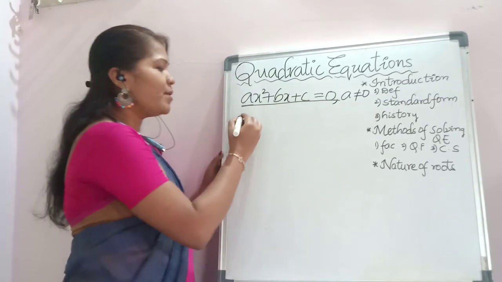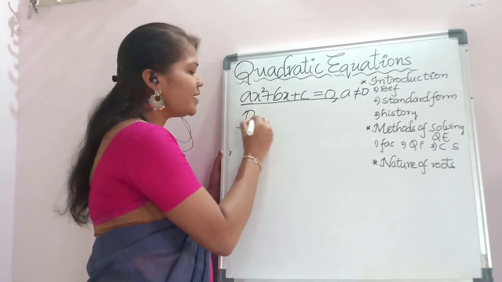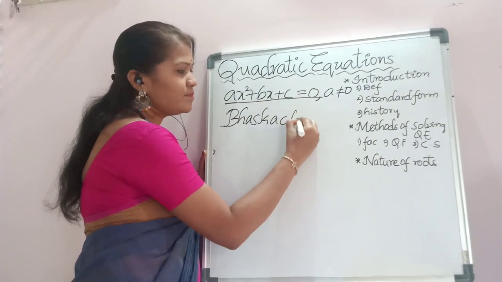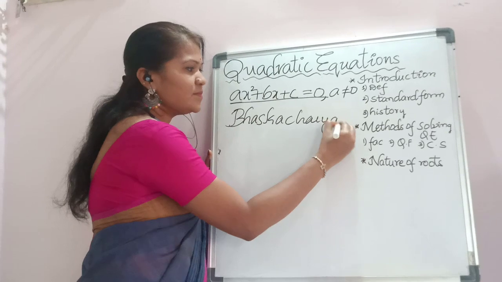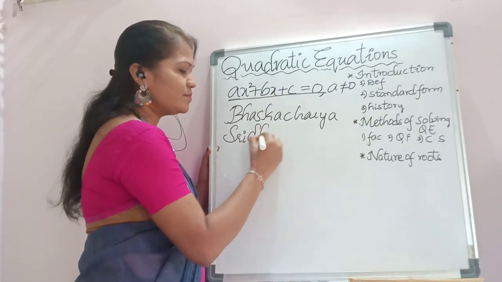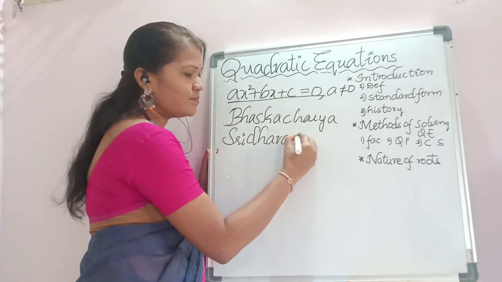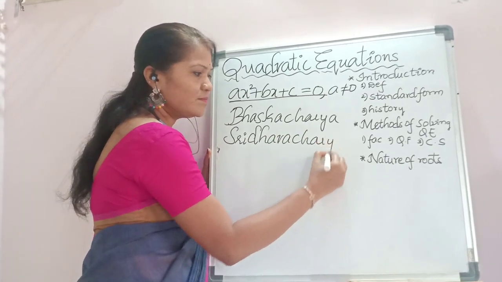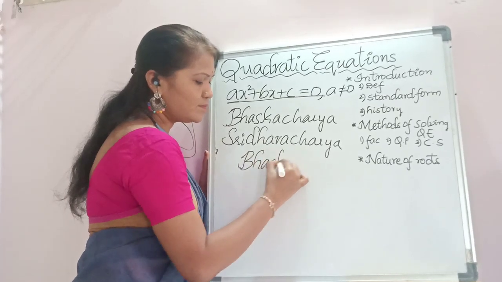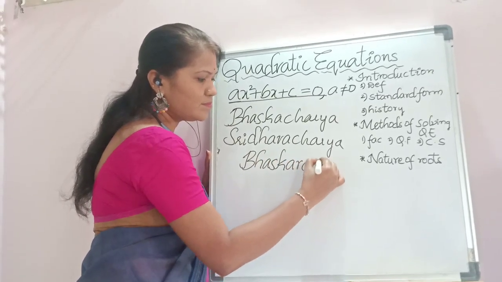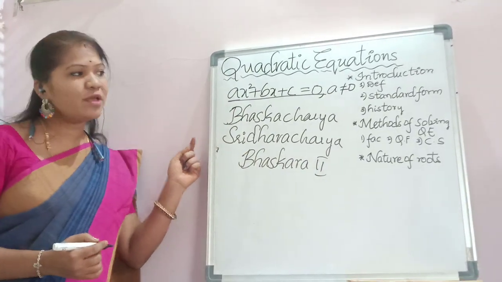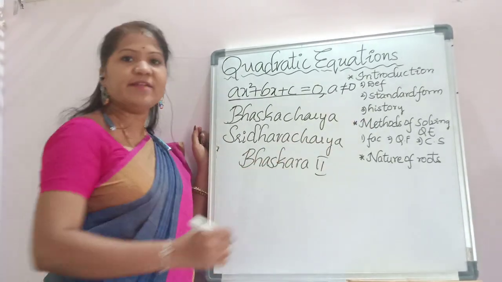So the Indian mathematicians: Bhaskaracharya, Siddhacharya, Sridharacharya, Bhaskara II, and many more. Specifically these three I mentioned. I will be giving you the updates in the next topic.